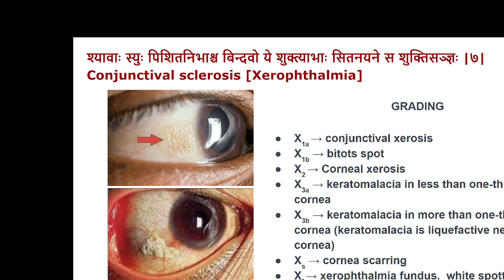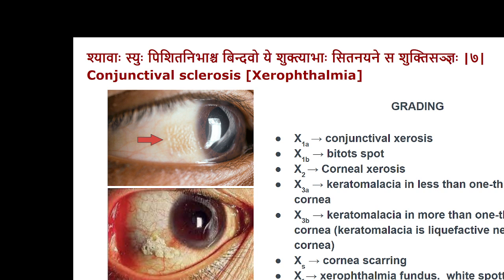It is graded as X1A, where it is only a conjunctival xerosis, limited to that. X1B is when there are Bitot's spots, seen over the area as you see here, which are rough and located in a scattered manner. X3A is keratomalacia in less than 1/3 of the cornea, a smaller area.